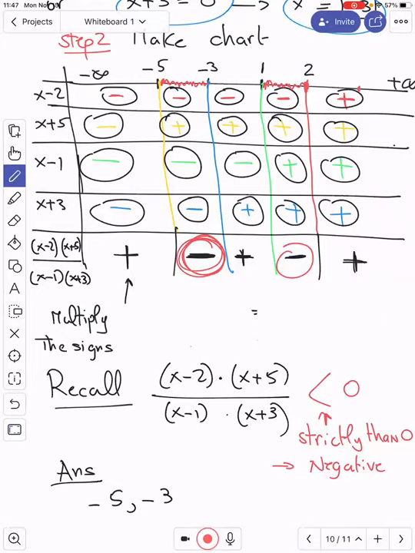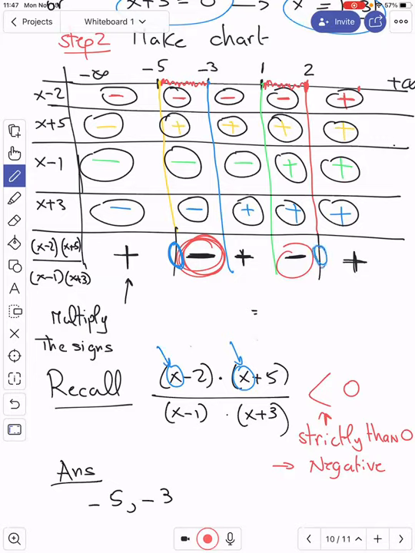Just be careful here, guys, because we are not allowed to divide by 0, right? So for example, do we include the -5? Well, if x is -5, the top is going to be 0, and then the whole thing is going to be 0. If your x is +2, then the top is going to be 0, so the whole thing is going to be 0.